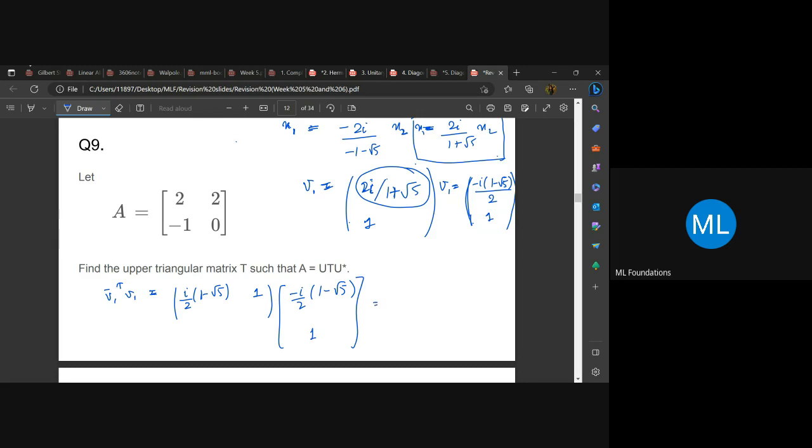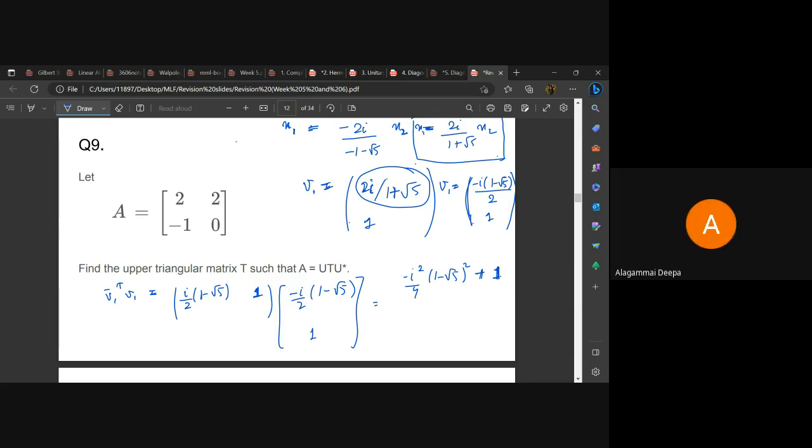So once you do it, you get minus i square by 4, 1 minus root 5 square, is 1. Okay, this will come out to be very complicated. Yes, ma'am, I'm getting it also complicated.